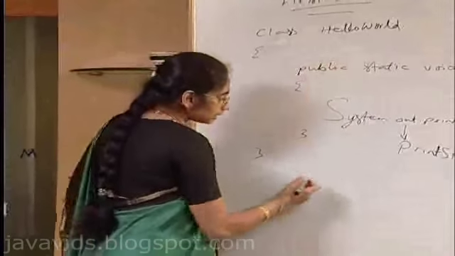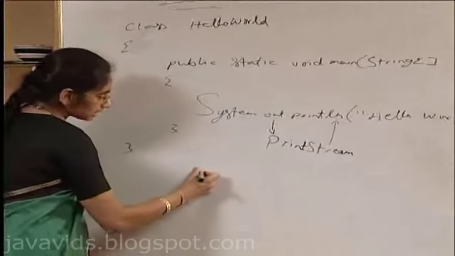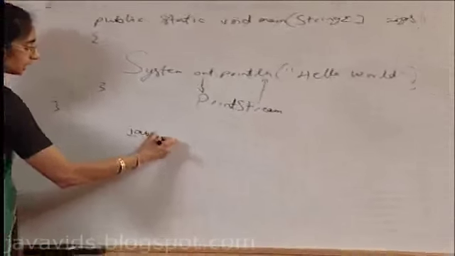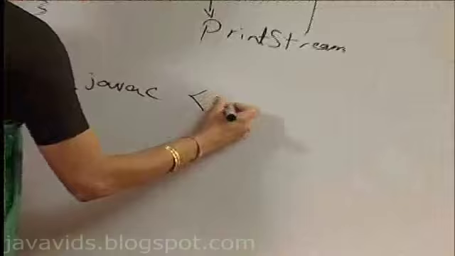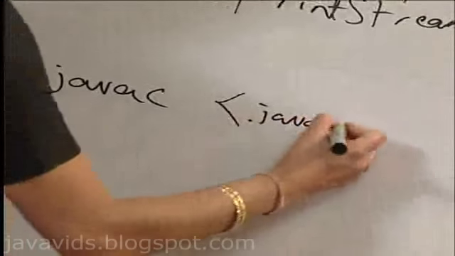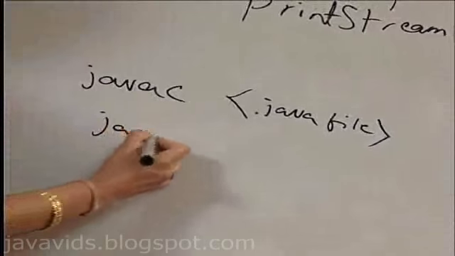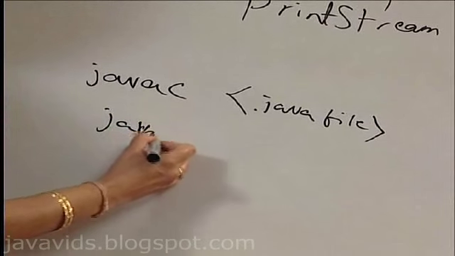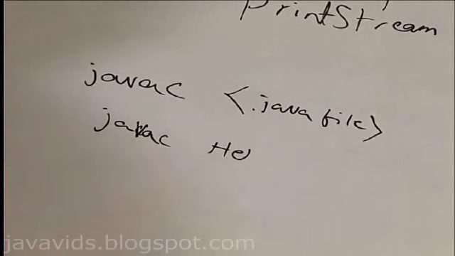So when I compile this Java file, what do I get? In order to compile this Java file, we need to use the javac command. So we say javac followed by the Java file name. Here in this case we say javac followed by first.java.